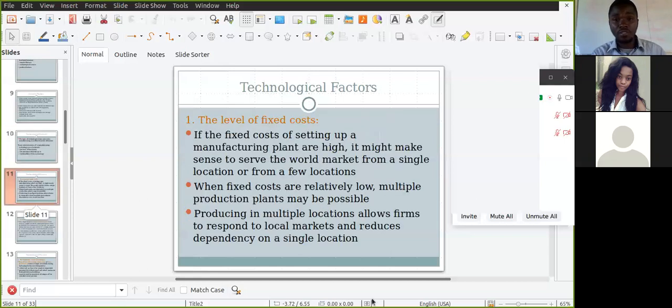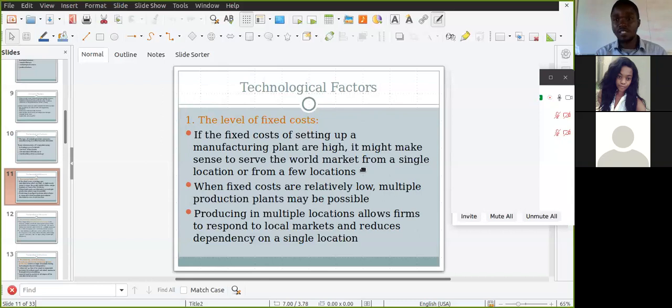The level of fixed cost. If the fixed costs of setting up a manufacturing plant are high, it might make sense to serve the world market from a single location or from a few locations. So you see, fixed costs are costs that come from the fixed materials that we have.